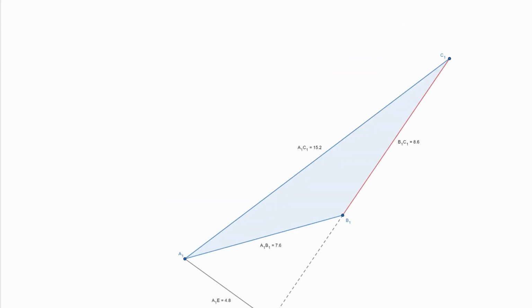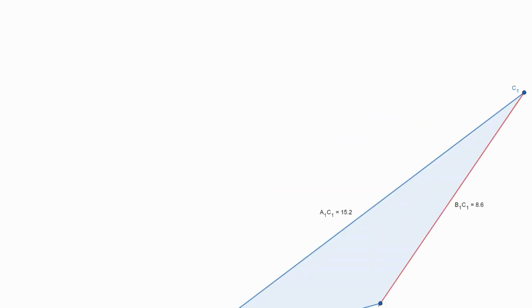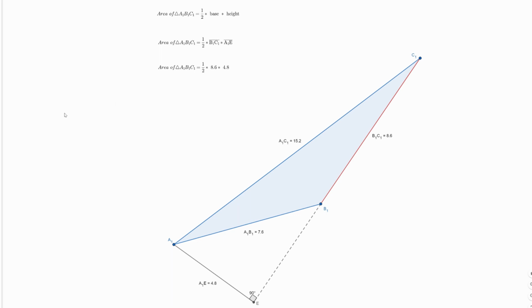As we have done before, I'm going to first write the formula of the area of the triangle. In the next step, I'm going to replace the base and the height with the actual segments. Here it is. And then in the next step, I'm going to replace B1C1 and A1E with their actual values, and there it is, half multiplied by 8.6 multiplied by 4.8, and finally I will do the actual maths and get the value.